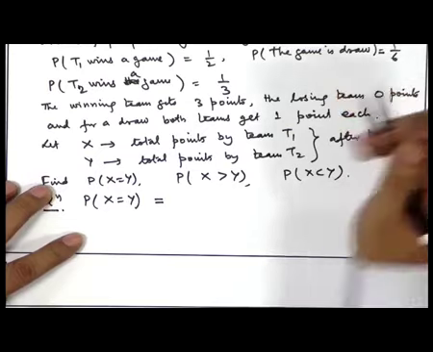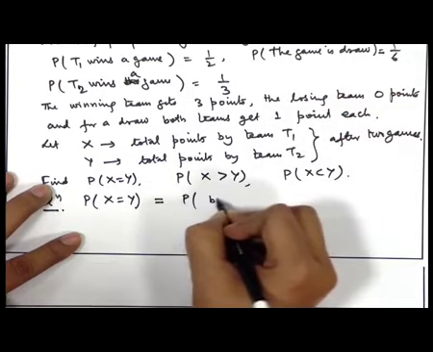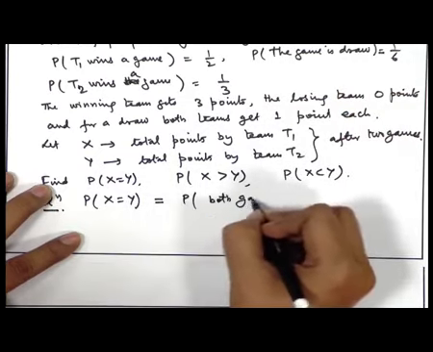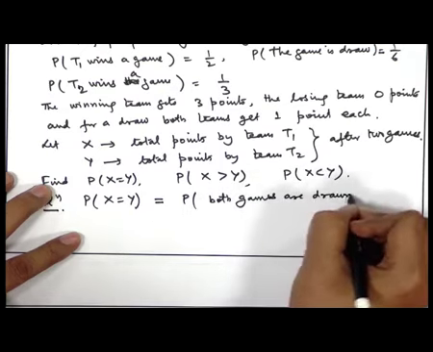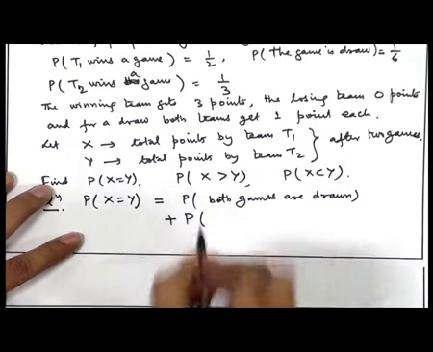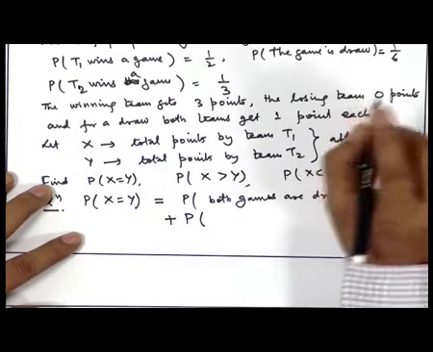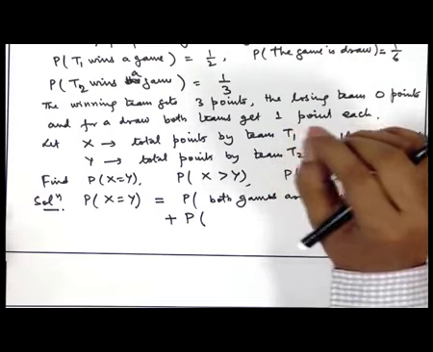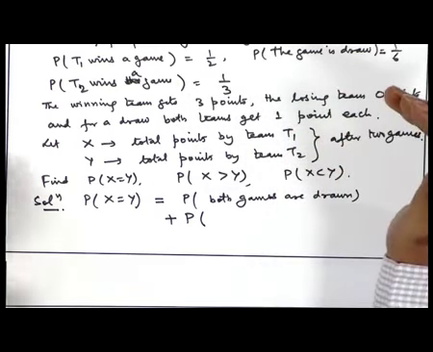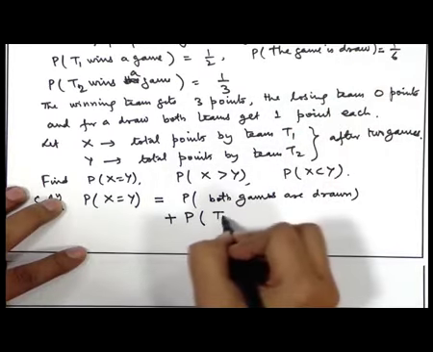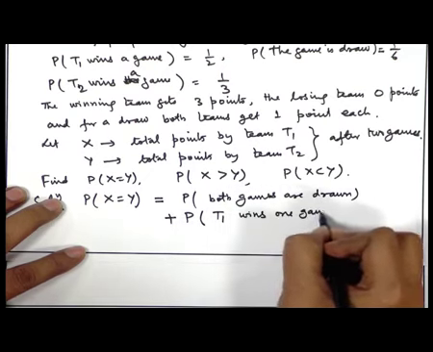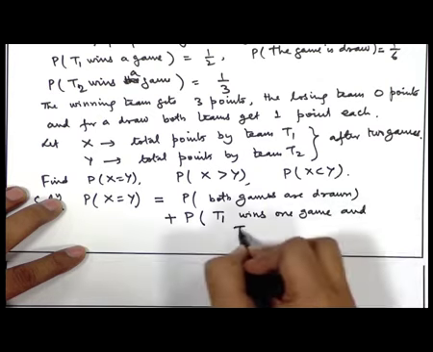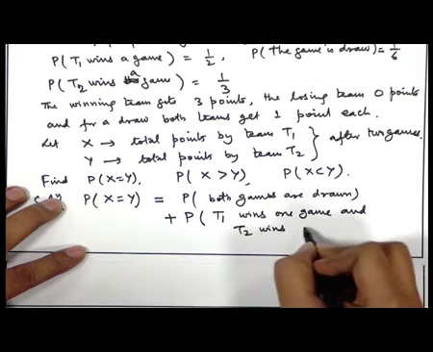So, that is possible if both games are drawn, or one game is won by say T1 and another game is won by T2. So, we can say T1 wins one game and T2 wins one game.